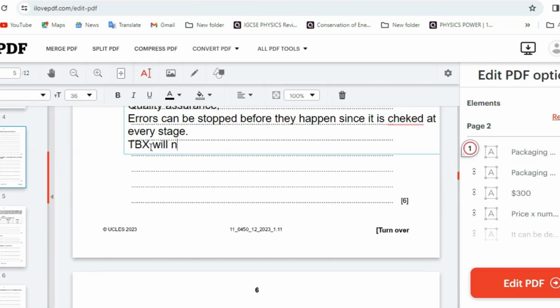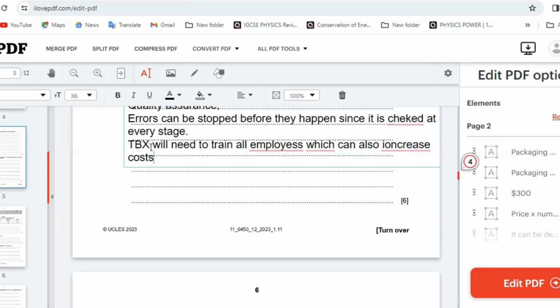We need to train all employees, and that can actually increase cost.